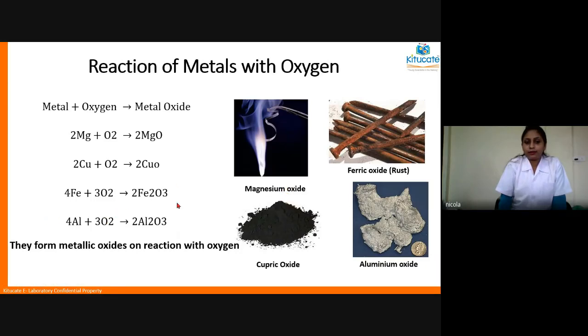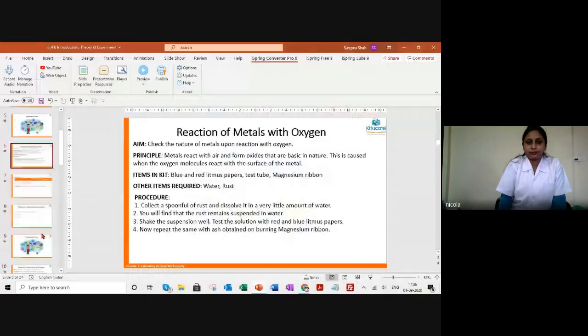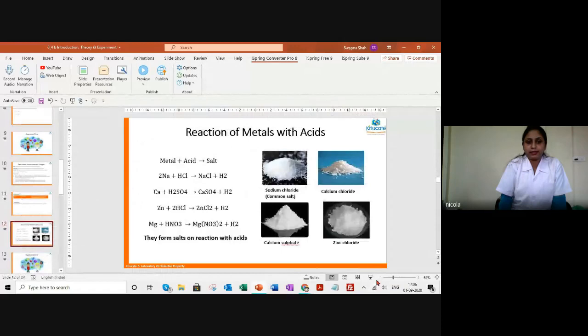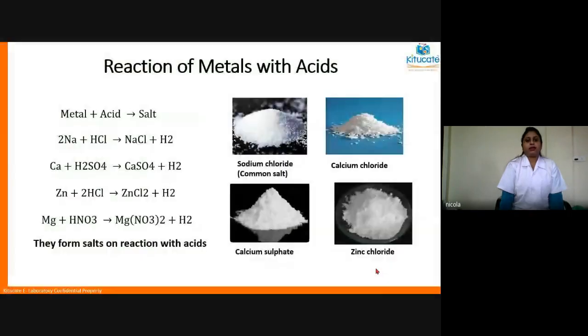Not the next, after that. Now, when metals react with acids, we studied that a salt is formed. When metals react with acids, a salt is formed and hydrogen gas is evolved during the process.